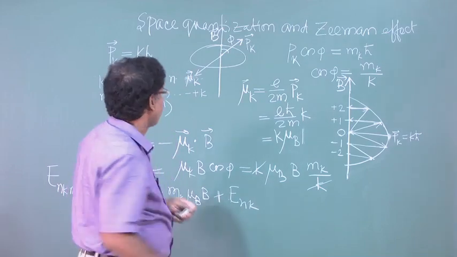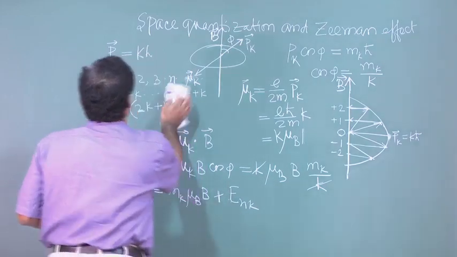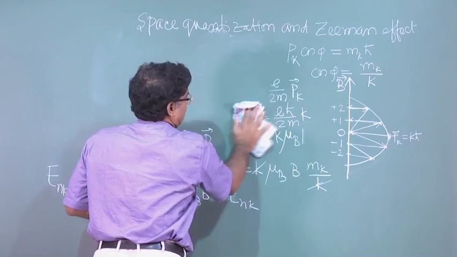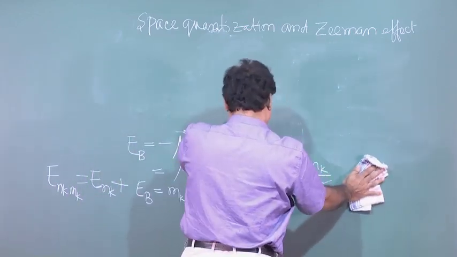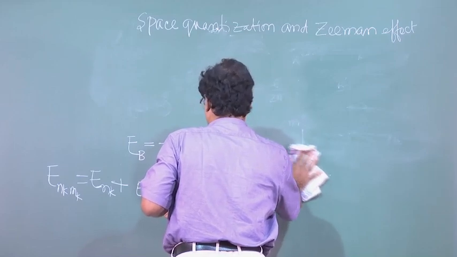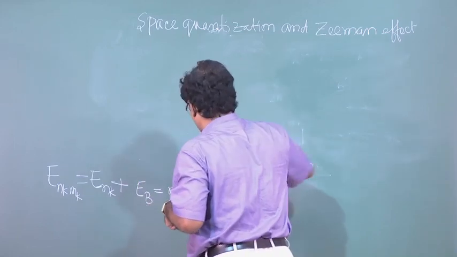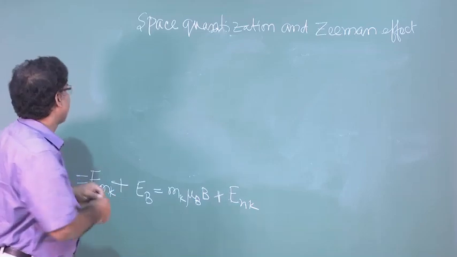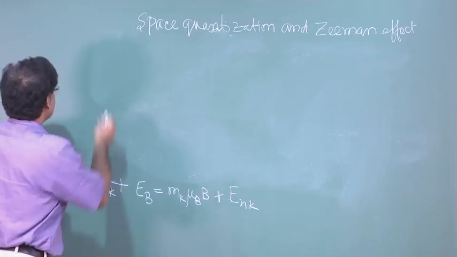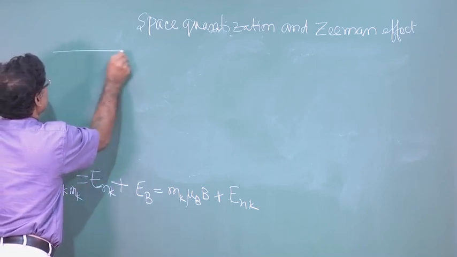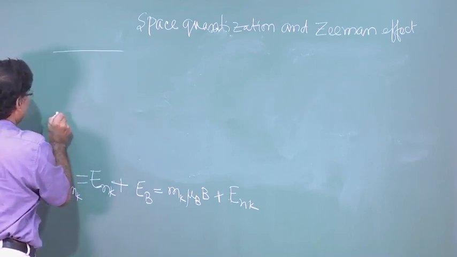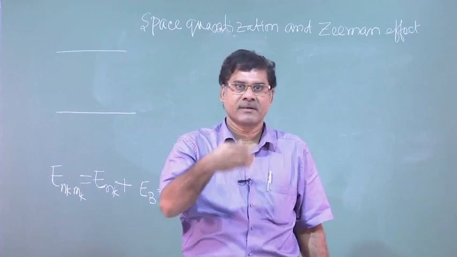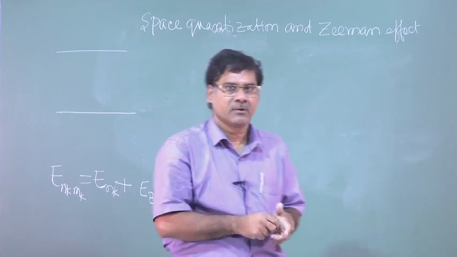Now, I have an energy level for a particular n value, and there are n number of k values.